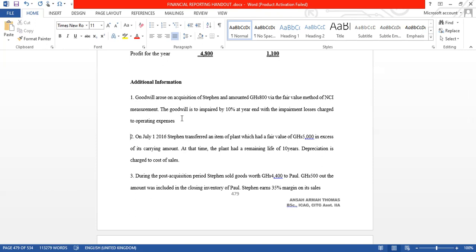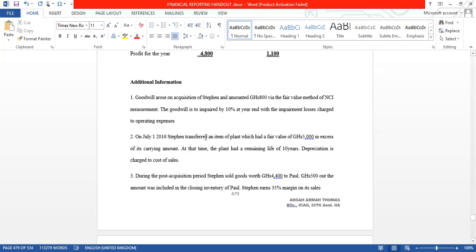That's all. Is it difficult? No, I don't think so. The transferred item has a remaining life of 10 years. Depreciation is charged to cost of sales. So this one is not actually a PAP transfer.